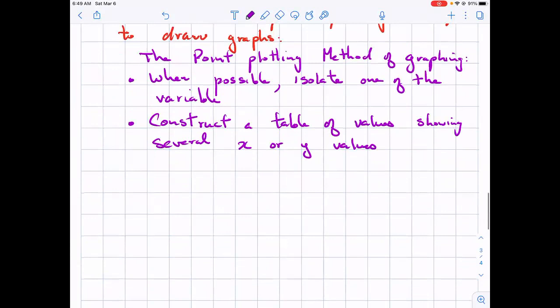Only one. Make sure it's or, right? Or. And then use algebra to find the missing values.